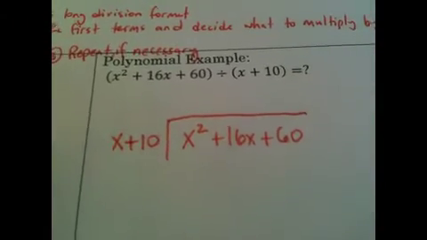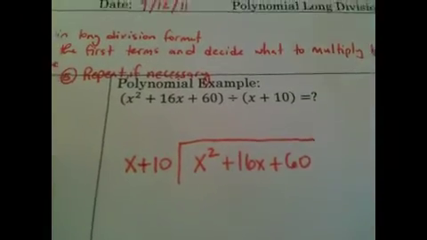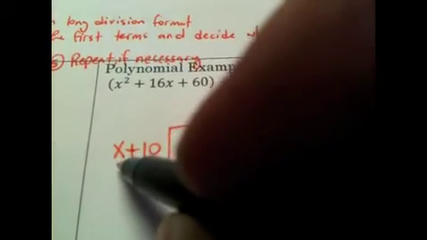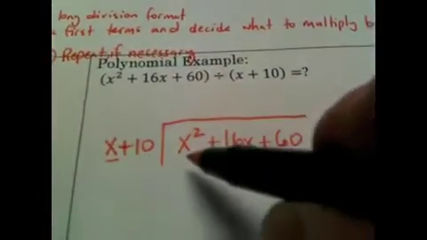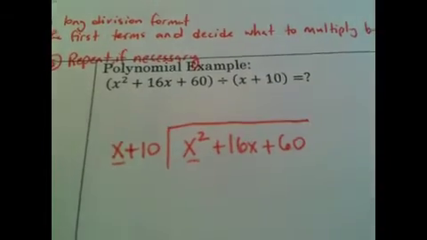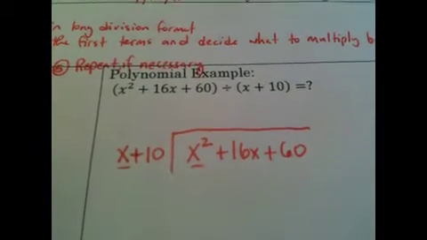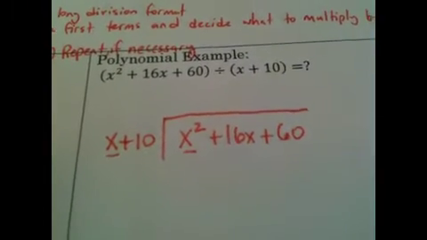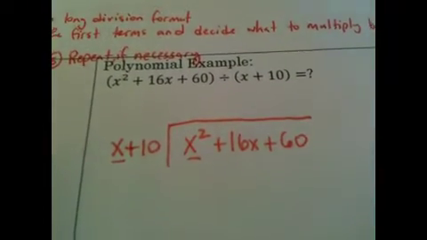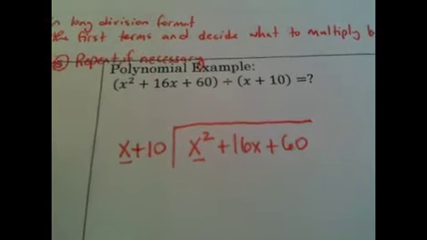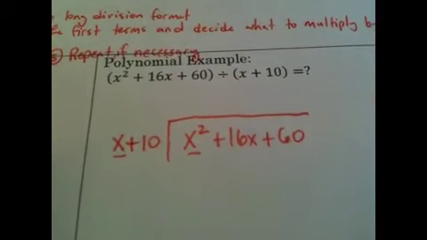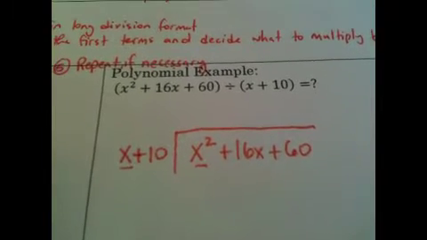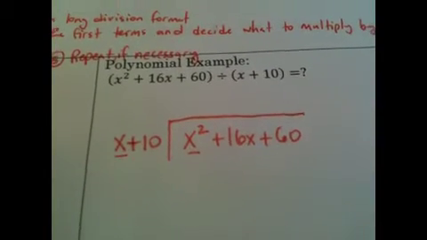Step 2, probably the most crucial step, is to look at the first terms. The first term of the binomial is x. The first term of the trinomial is x squared. You've got to decide what to multiply by. The question I always ask is: what would you multiply the x by to get an x squared?